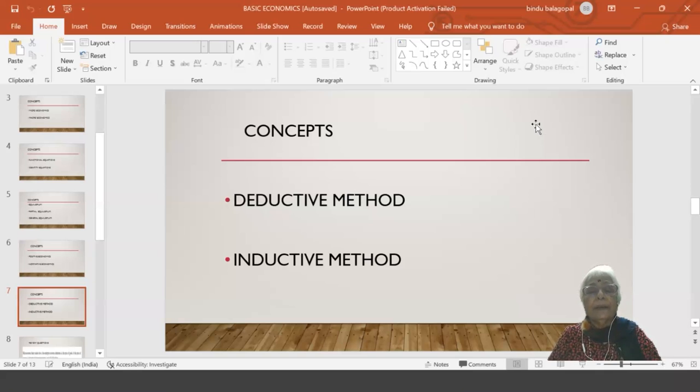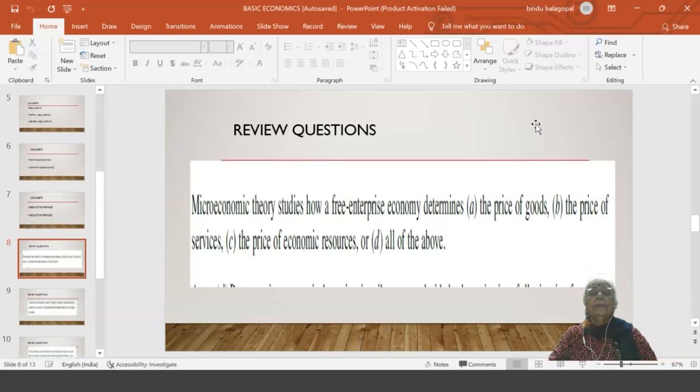These are the kinds of methodology that are made use of very often in economics. Methodology is very important. Now we come to certain review questions which I shall read out. And you would like to find out the answers for yourself.